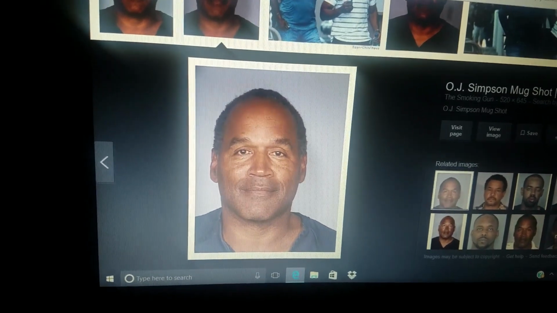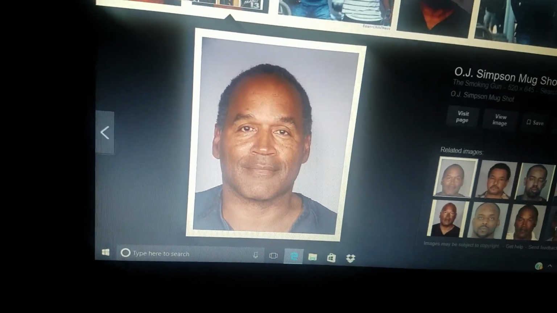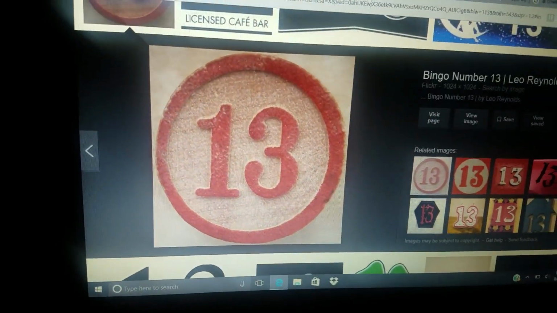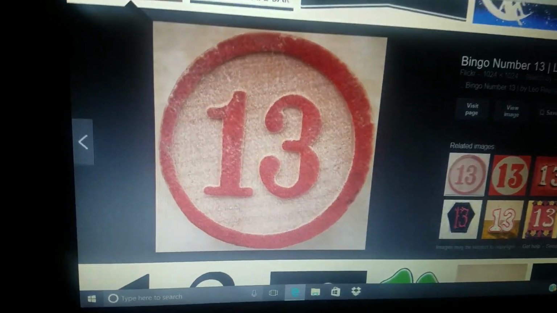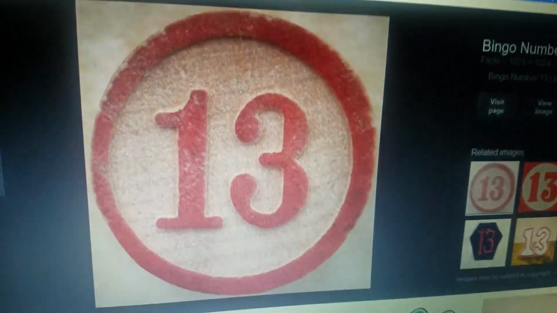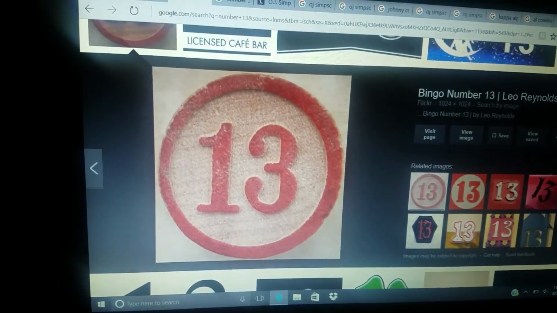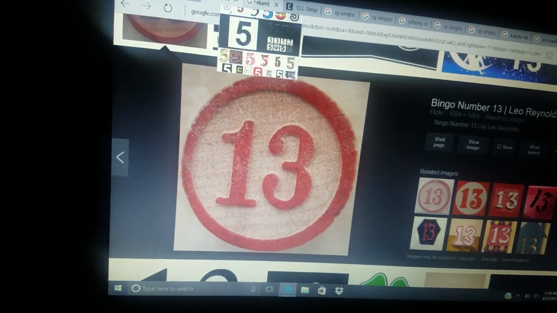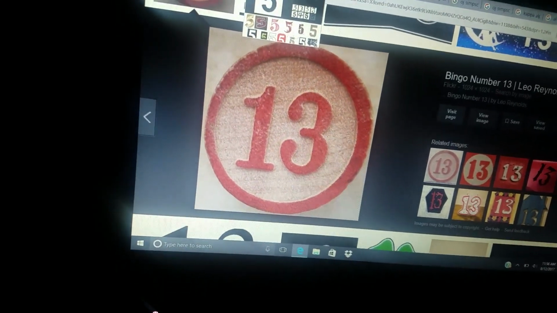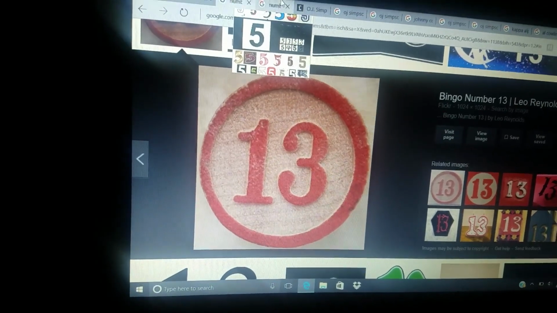O.J. Simpson gets out on October 3rd, 2017. October 3rd, which is 10-3. 103, which is 13 again. And I will tell you, this is all programmed, all encoded.